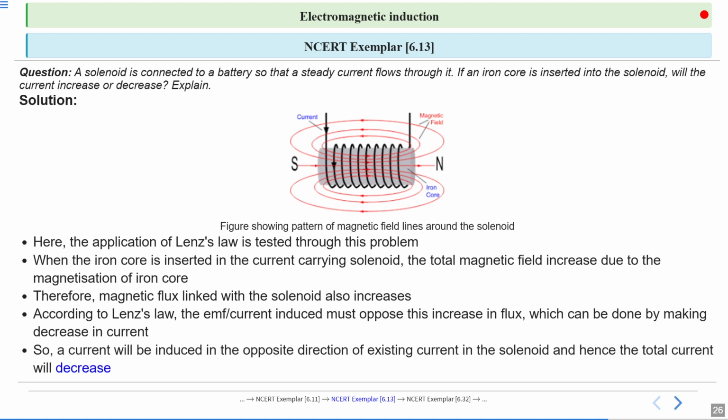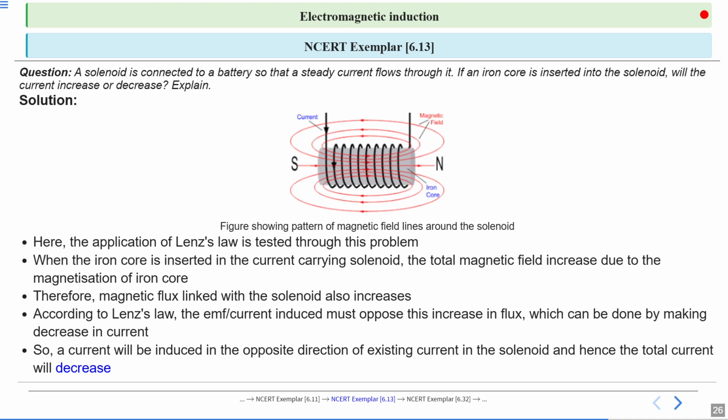The magnetic field is increasing, so it has to oppose the increasing magnetic field. So current will be induced in the opposite direction of the existing current in the solenoid, and hence the total current will decrease.